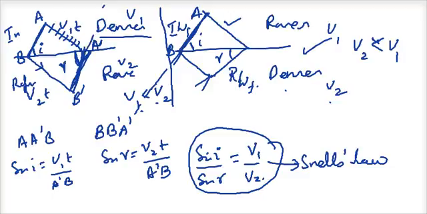So whenever light gets refracted at a boundary separating two media, the refracted wavefront will look such that the combination of the refracted wavefront and the incident wavefront appears to converge on the denser side, not on the rarer side. At the rarer side they appear to be diverging, on the denser side they appear to be converging. Okay, so this is what you need to understand.